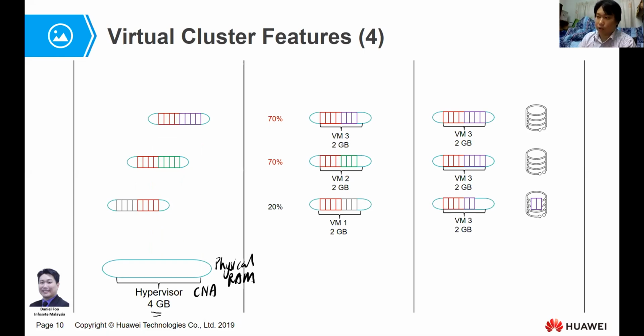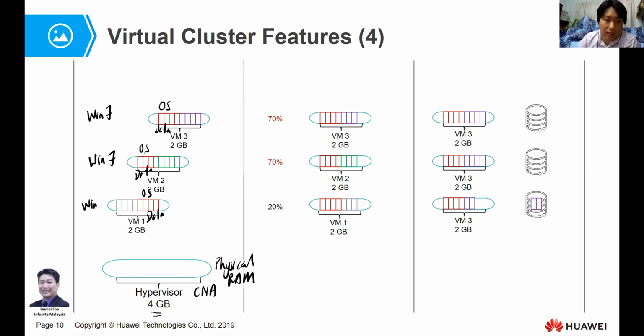3 virtual machines here. This particular space might be operating system data, OS data, and OS data. Now, all these virtual machines might be running Windows 7 at the same time.